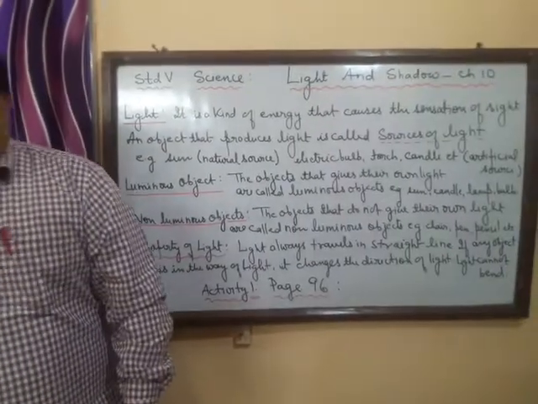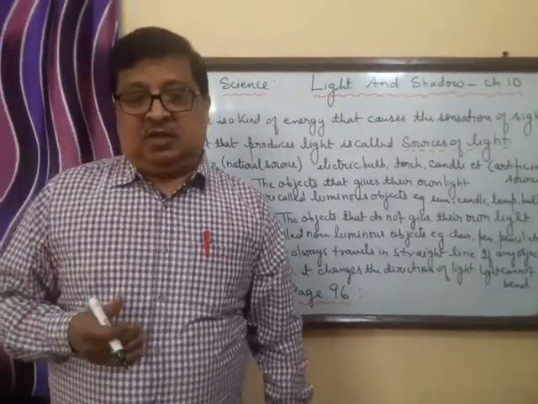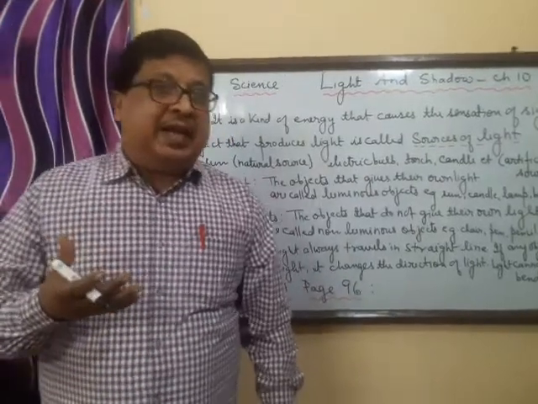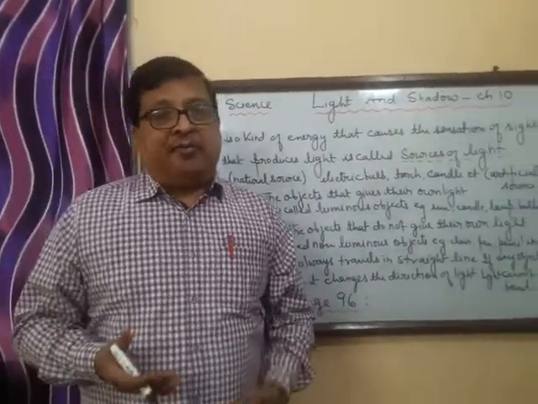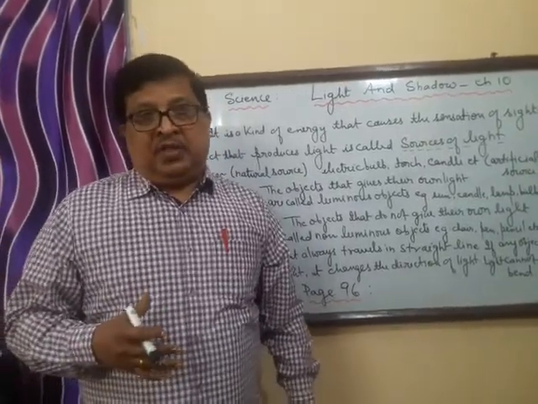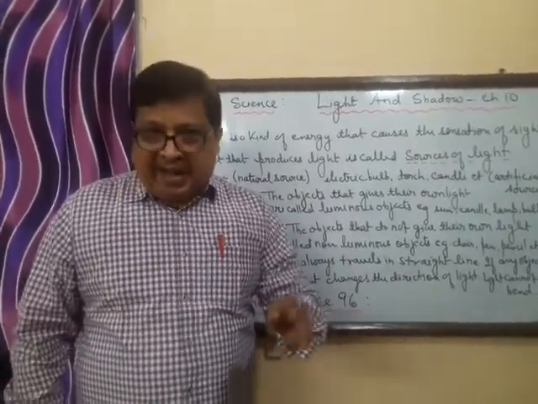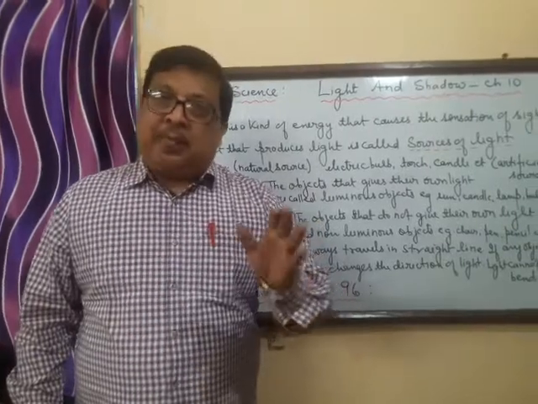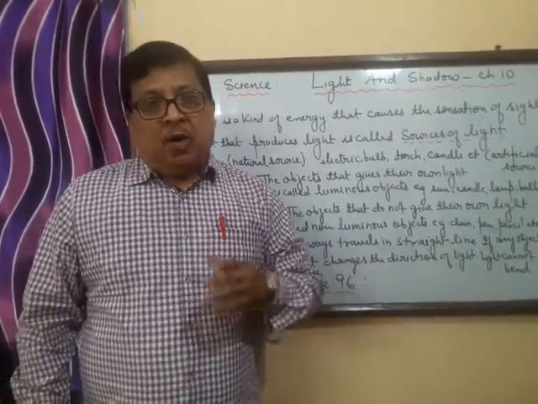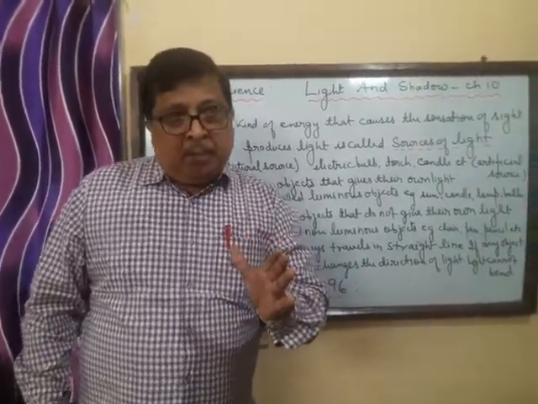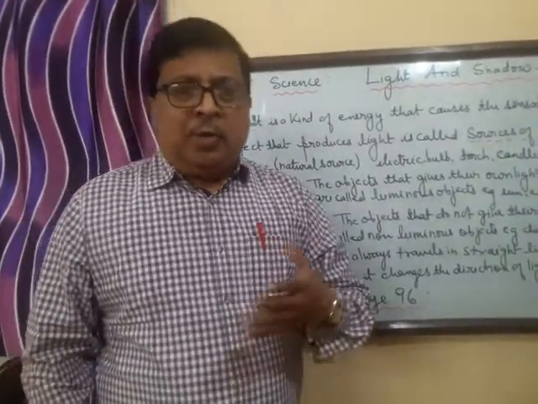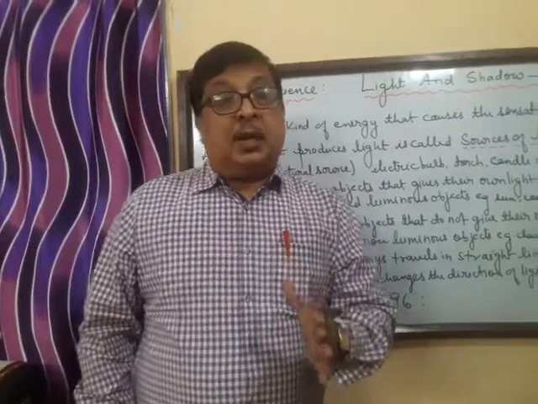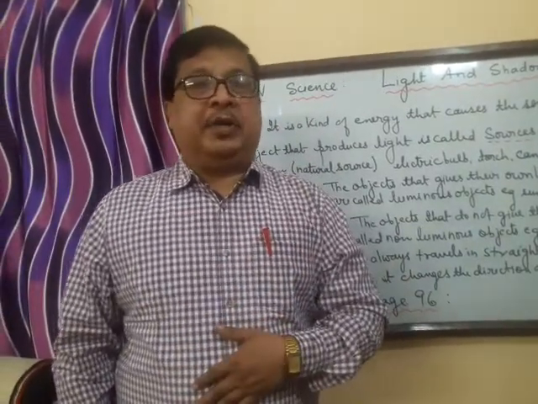In fact, how do we see an object? Definitely, light enables us to see any object. Now when light falls on any material, three things can happen. Either the light will pass through that material, or it will be blocked by that material and not pass through, or light may pass partially through that material.